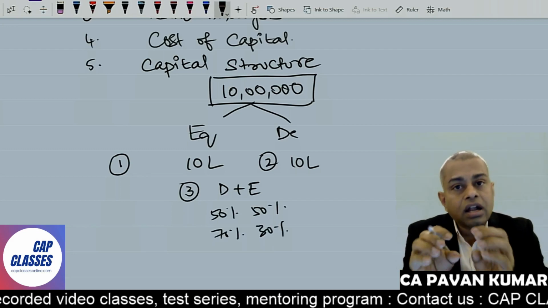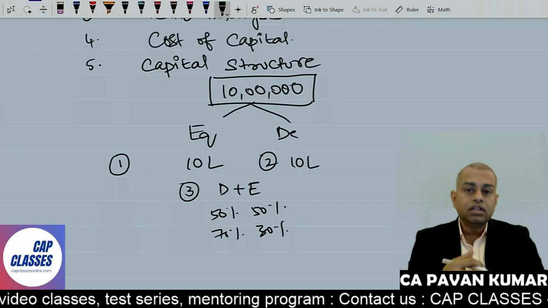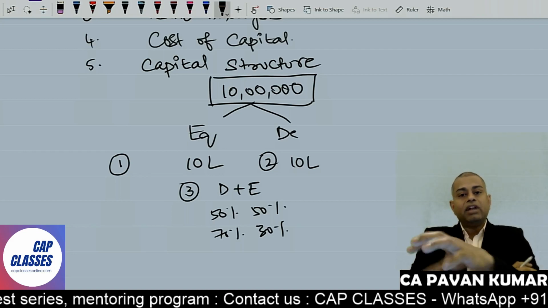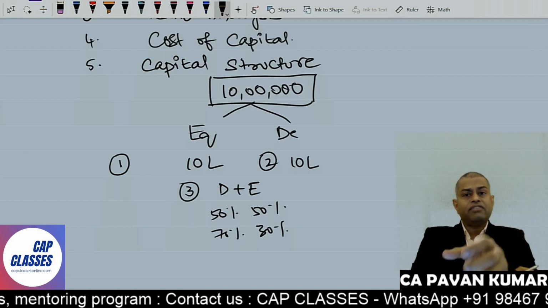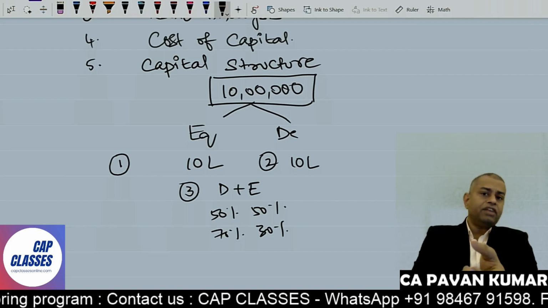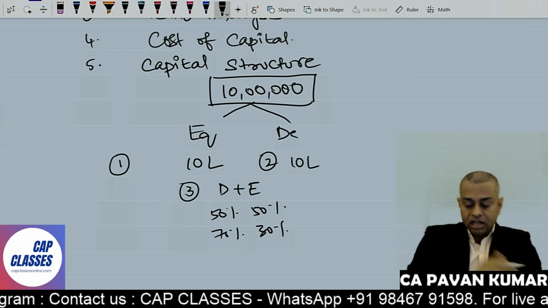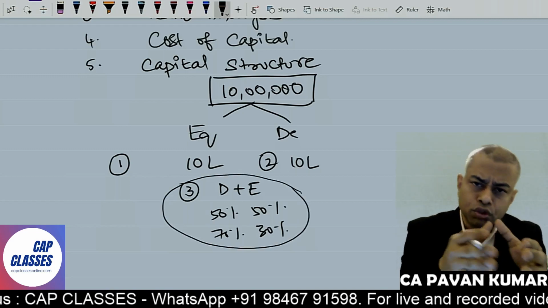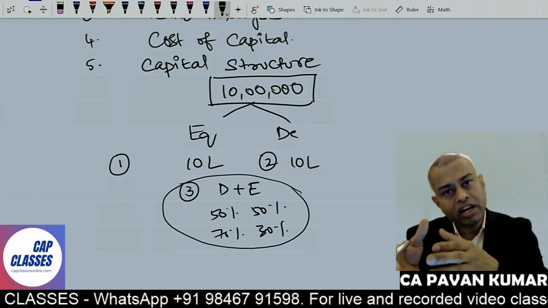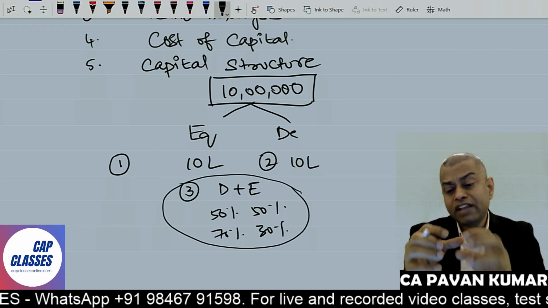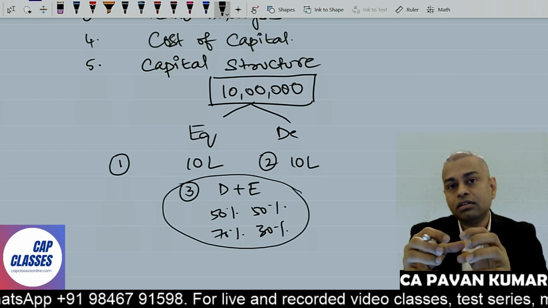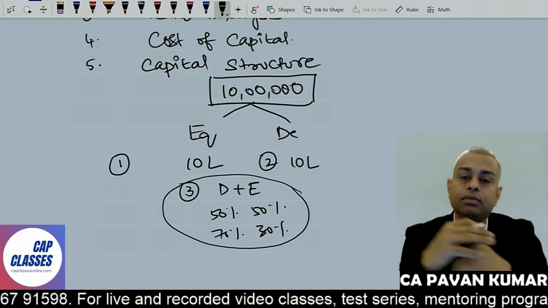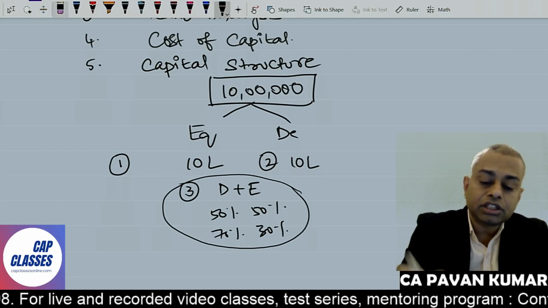When you start making this combination, sky is the limit. There can be n number of alternatives. 80-20, 20-80, 15-85, 85-15, 25-75, 75-25. So what should be the ideal combination? This is called capital structure. Should I use only equity? Should I go with only debt, or should I go with a combination? If I am going with a combination, what should be the proportion of debt and equity in total? This is called capital structure.